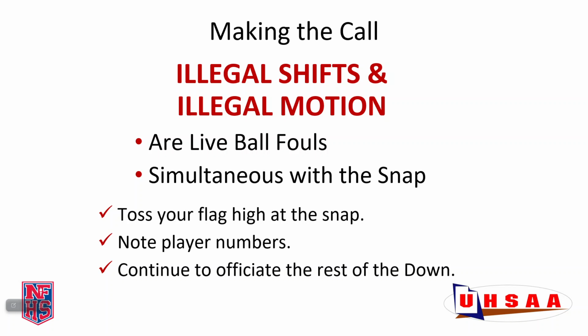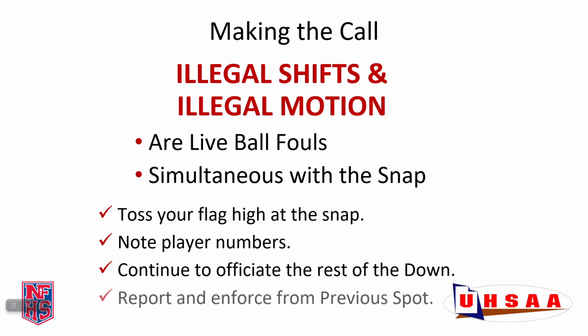Other things can happen during this down, and so we need to make sure that we don't just stop once we've seen this foul occur. We have to quickly note the players, then continue to officiate, report, and enforce it from the previous spot. So it's a very simple process that we go through, but it requires concentration and effort and vigilance on the part of our wing officials, particularly, to get these calls and to see them.